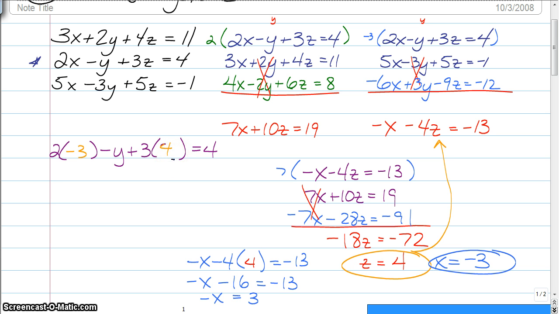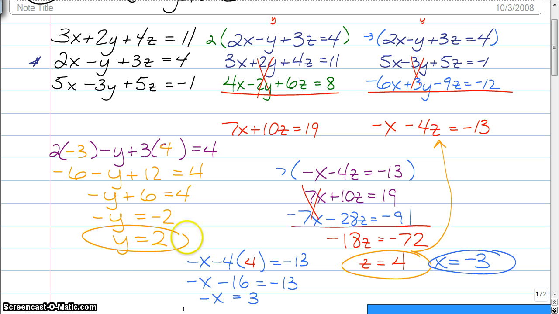And then what we're going to do is distribute. We're going to have our negative 6 minus y plus 12 is equal to 4. So negative y plus 6 equals 4. Negative y is equal to a negative 2. So y equals 2. And now you have all three variables. So you must write your final answer as an ordered triple. Negative 3, comma 2, comma 4.